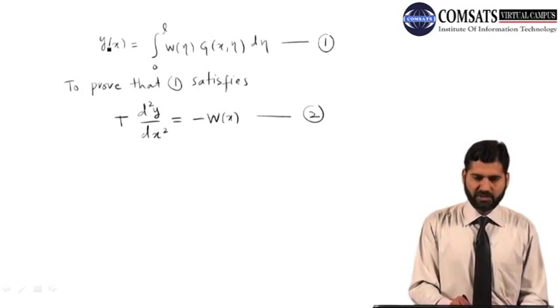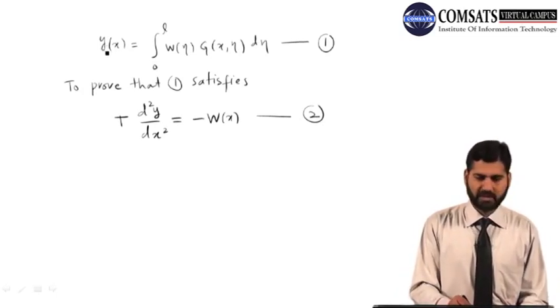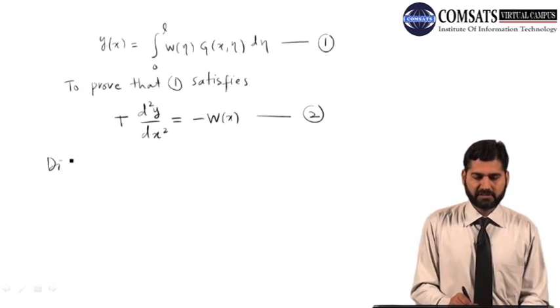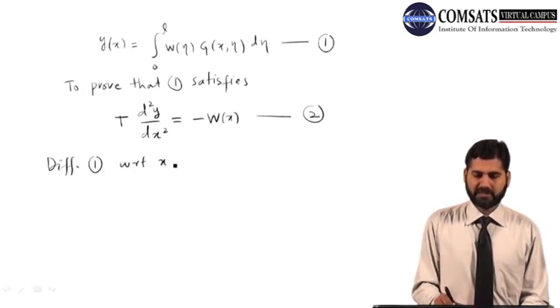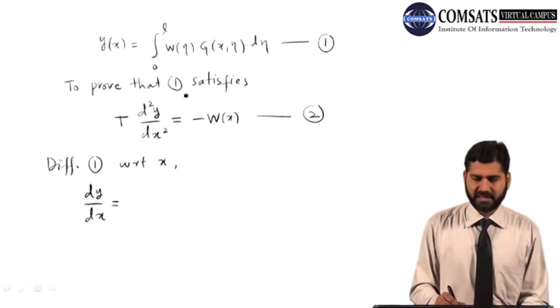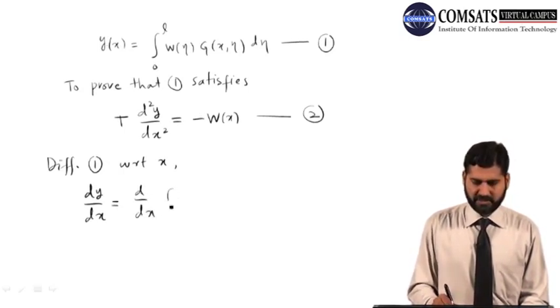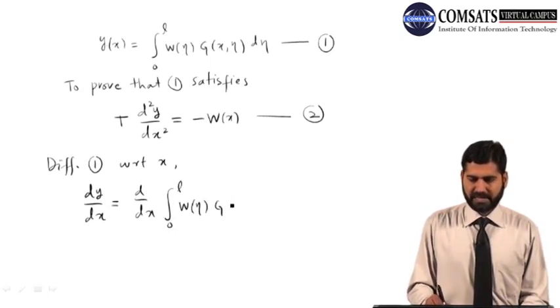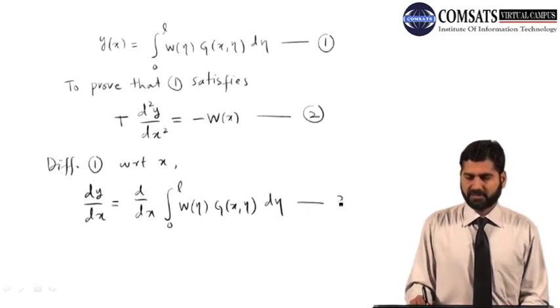So first of all, I need to differentiate this once. Differentiating 1 with respect to x, we obtain dy/dx equal to, on the right hand side, d/dx of the integral from 0 to L of w(η) g(x, η) dη. Let's call it 3.